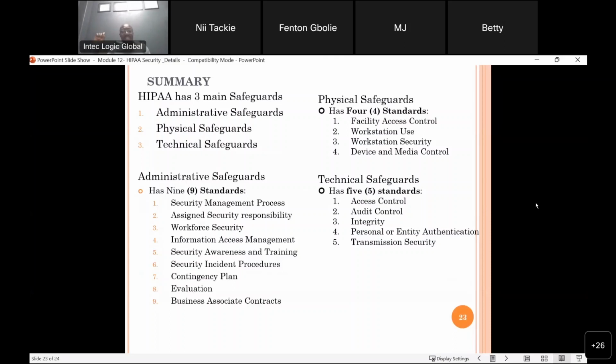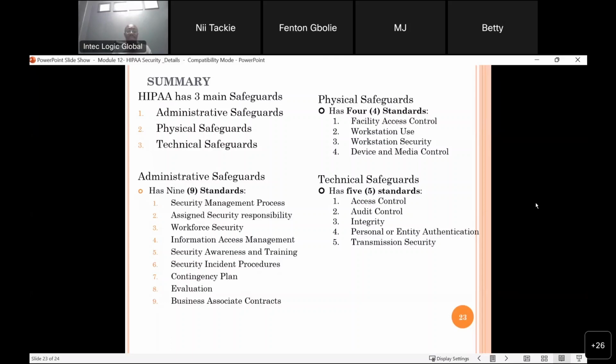Three main standards: administrative, physical, and technical. Administrative safeguards, we have 9 standards.